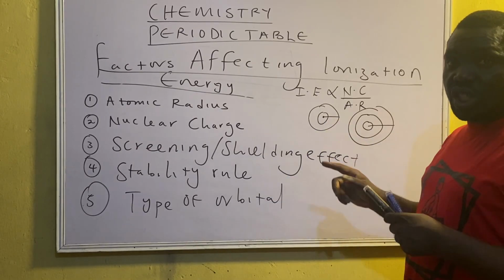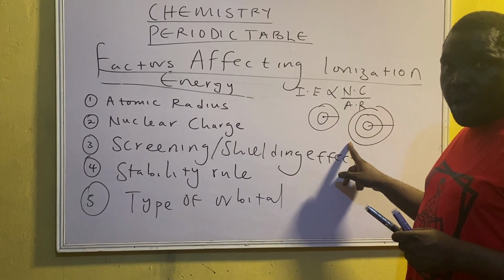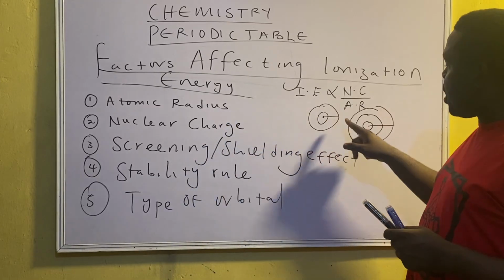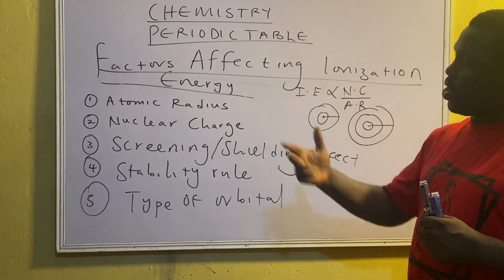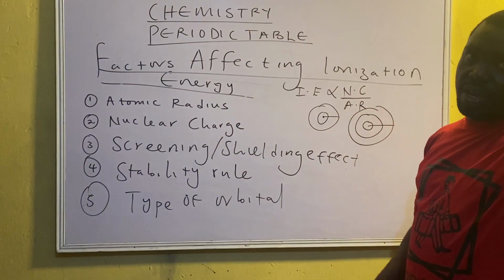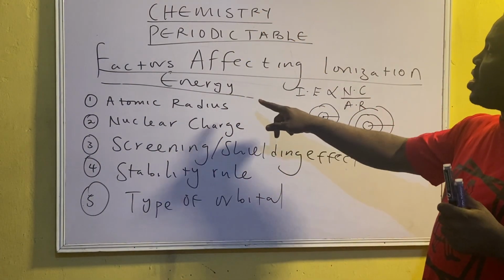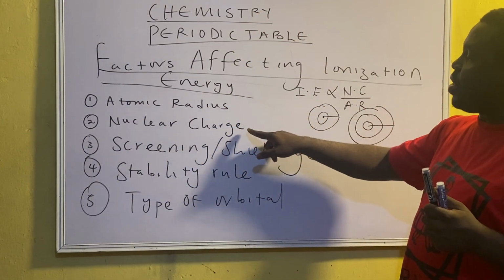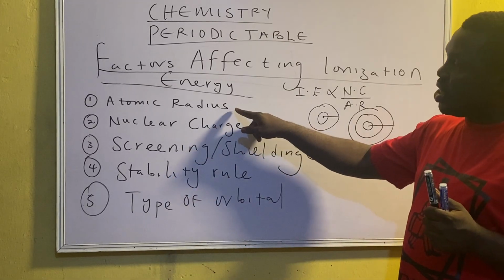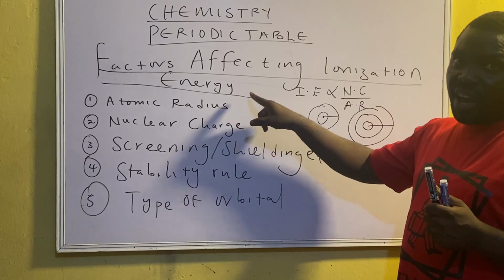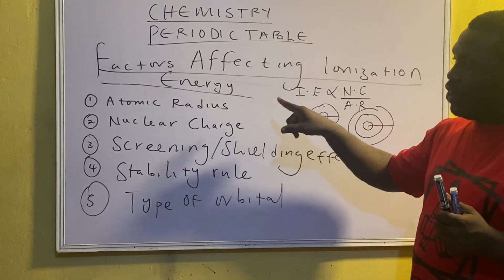So the more the shells increase, the more the atomic radius also increases. So the more the number of shells, the more the atomic radius. And when that happens, that tends to now counter the nuclear charge, because the increase in atomic radius will affect that of the nuclear charge.